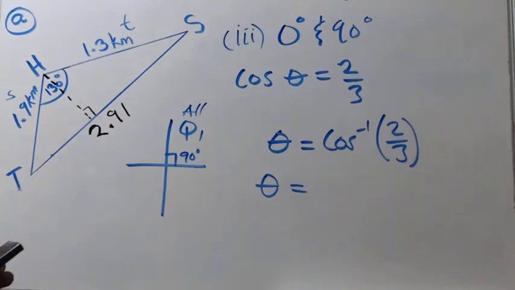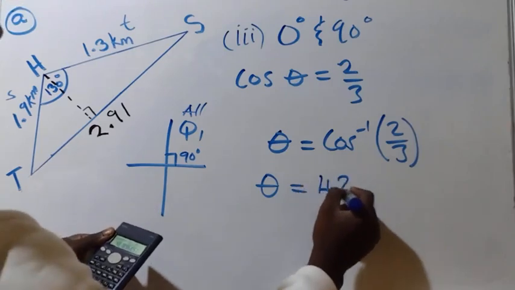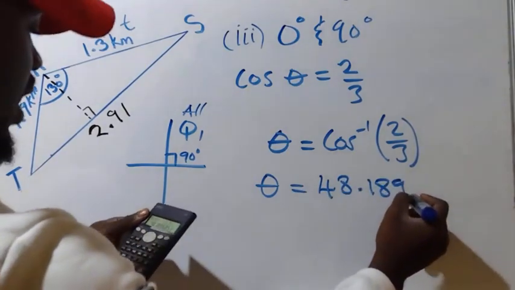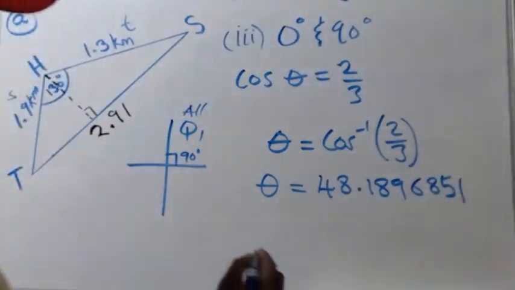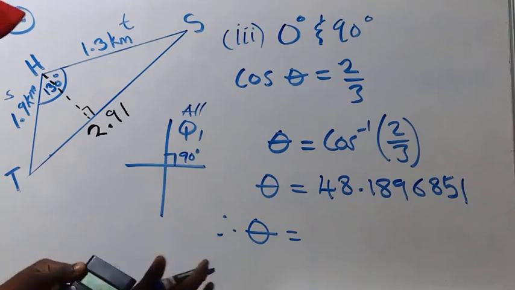We are getting something like this: 48.1896851.